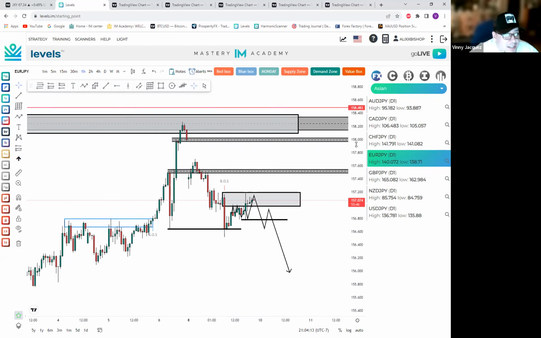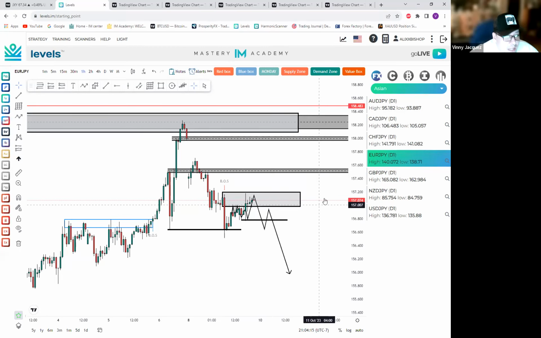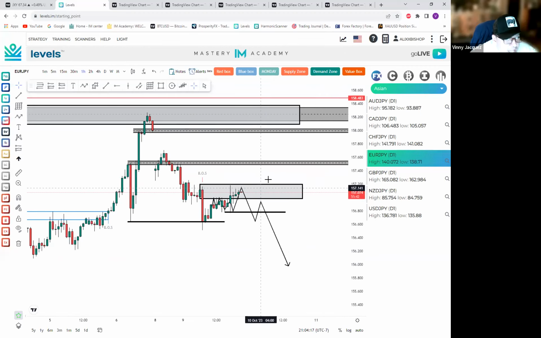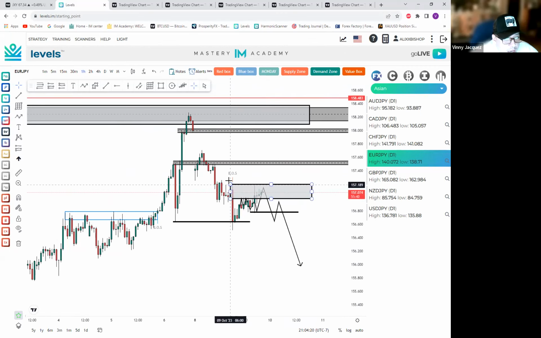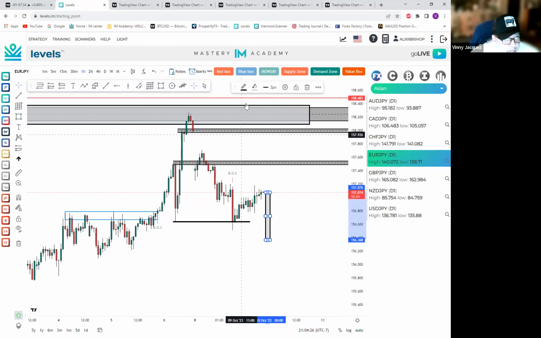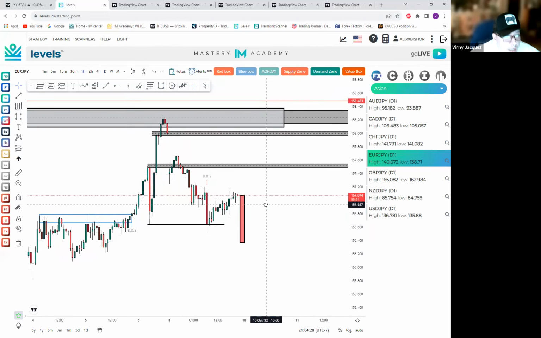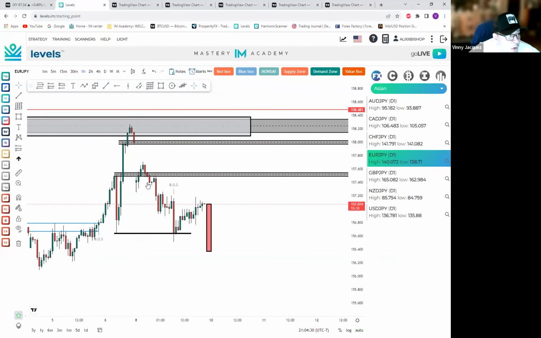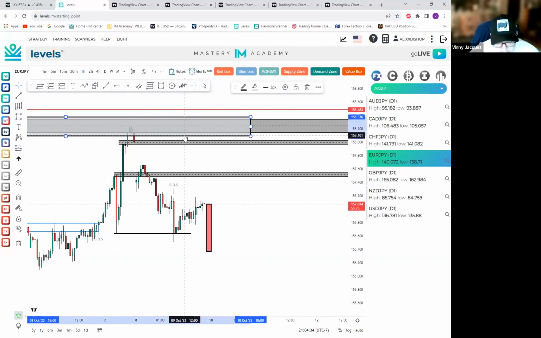Bro, you should definitely have an account on the side for callouts. But I like this. And again, if we can get this change of character, guys, let's draw it up real quick. Boom, we got this nice change of character. And it's looking sweet. We have 2 opportunities. Now, I know we see this one up top, especially with that imbalance.